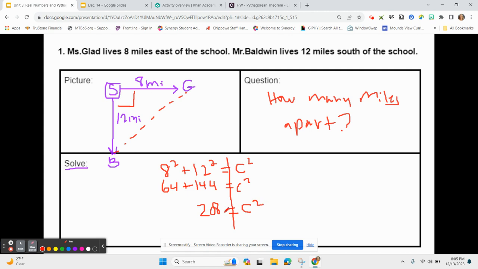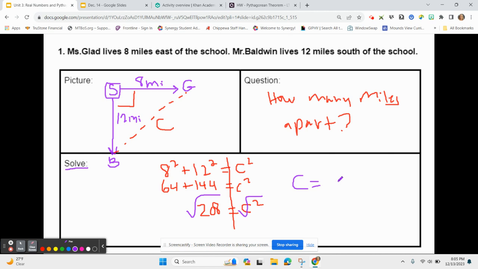Now, I really don't care what my hypotenuse squared is. I want the c all by itself. So we need to square root on the left, square root on the right. C equals, now I'm going to grab my calculator because I wasn't thinking ahead.